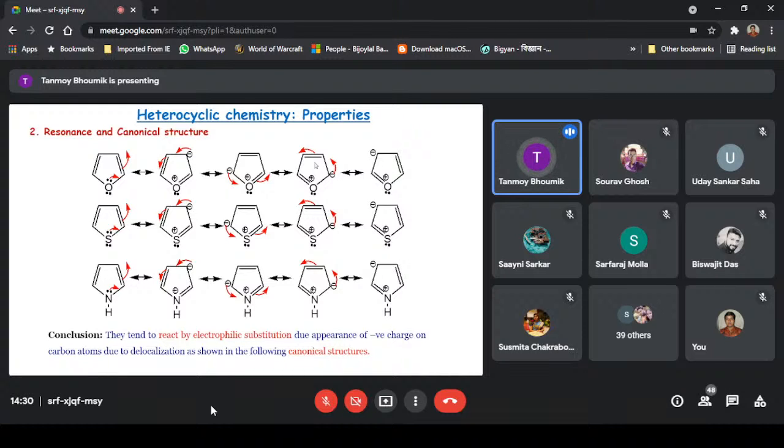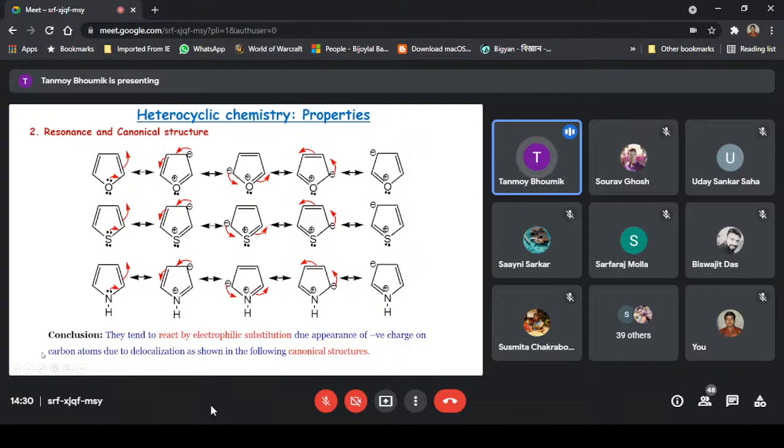Thiophene also gets the negative charge on this 5-member heterocyclic ring, and in pyrrole the nitrogen atom can donate its electron pair for the conjugation, and it has a negative charge at all the positions.